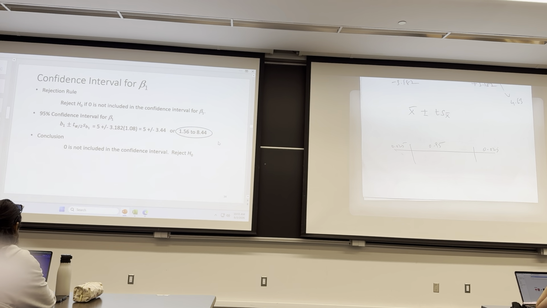Tell me, if your conclusion when you were doing hypothesis testing was that the population slope is 0, then what could this interval be? I'm talking about the interval.